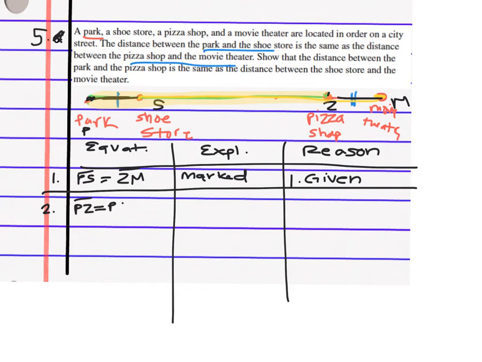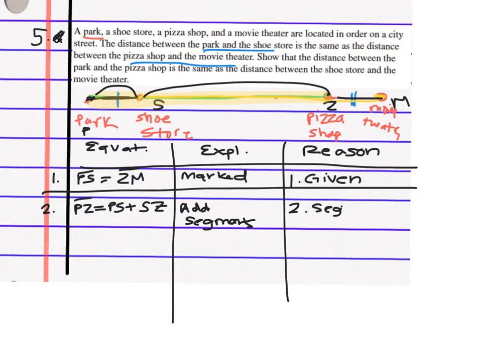That equals PS, from the park to the shoe, that equals this plus this. Okay, we're just adding some segments. That is your segment addition postulate that lets you do that from lesson 1-2.